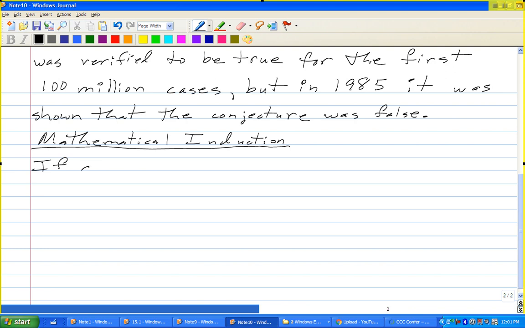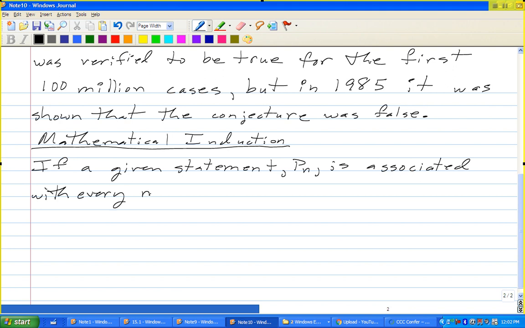So if a given statement P_n is associated with every natural number n.